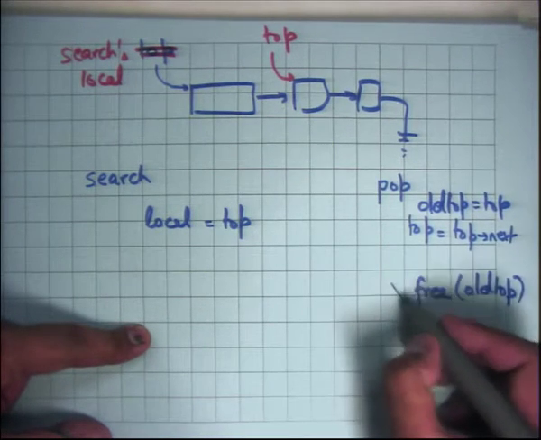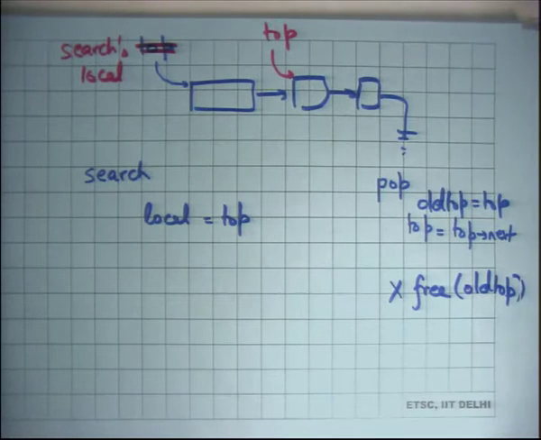Now here is where the problem is, right? You cannot just free the old top anymore because you don't know whether there could be a concurrent search that's holding a reference to this old top. Question is, when can I be sure that I can free it, right? And the answer is really I can never be sure in general, right?